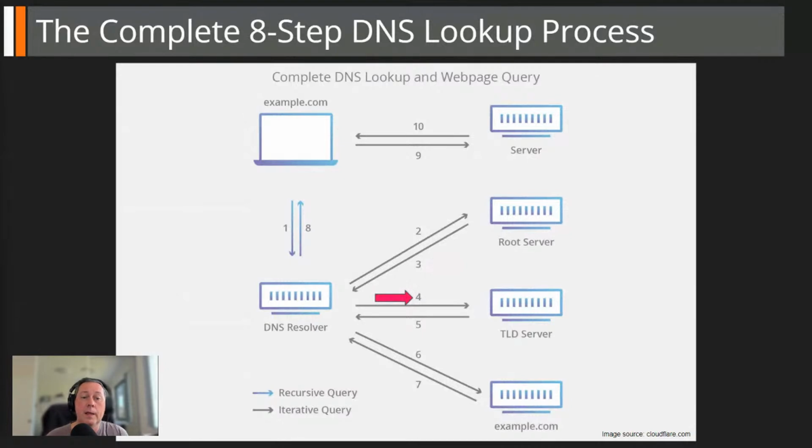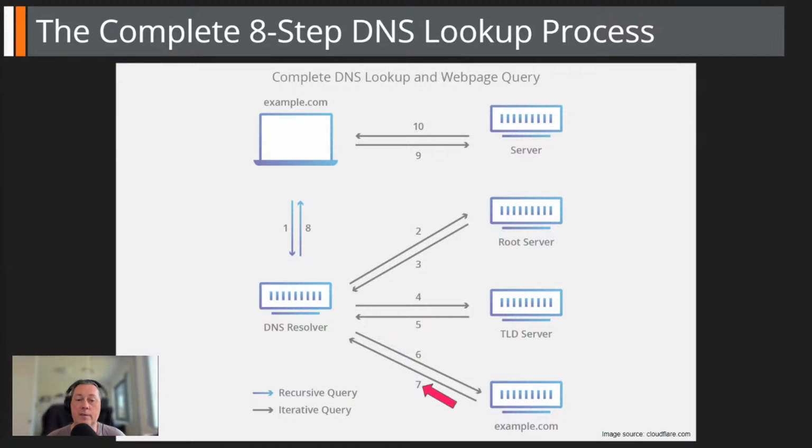Okay, number four, the resolver makes a request to that particular server, the .com top-level domain server. The next thing is that the TLD server responds with the IP address of the domain name server that is looking after example.com. Lastly, the recursive resolver sends that query to the domain's name server for the IP address.